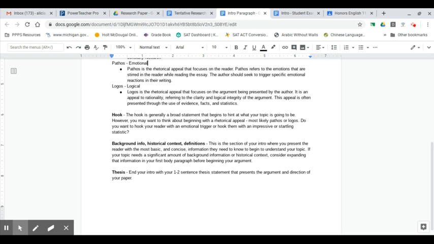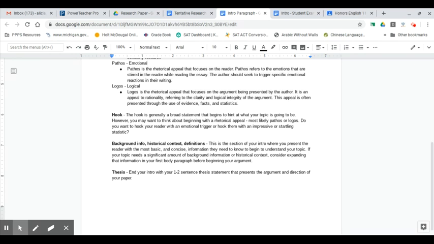Once you set that up and you're now broadly hinting at your topic through emotion or through facts and logic, you're then going to present your background information or historical context or definitions. It depends on your topic.